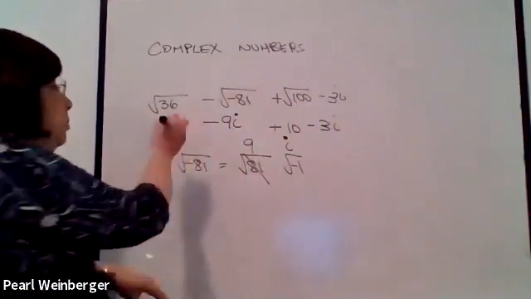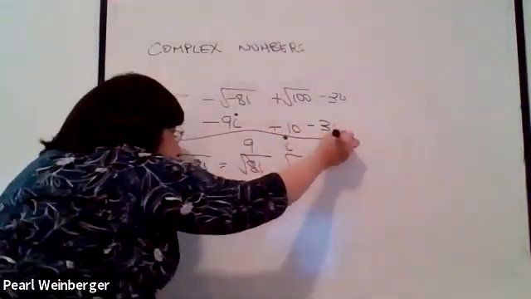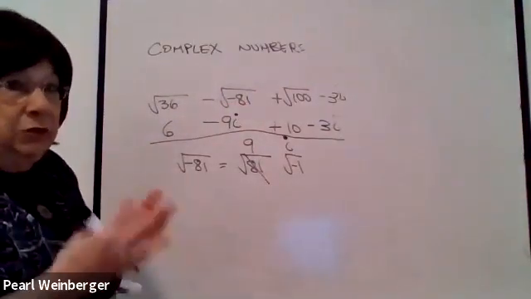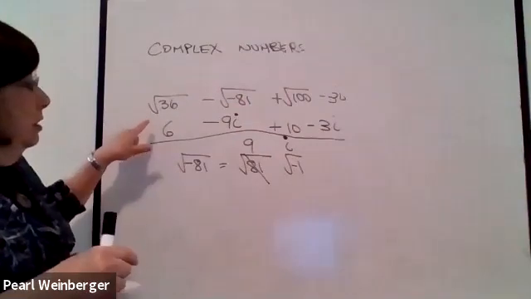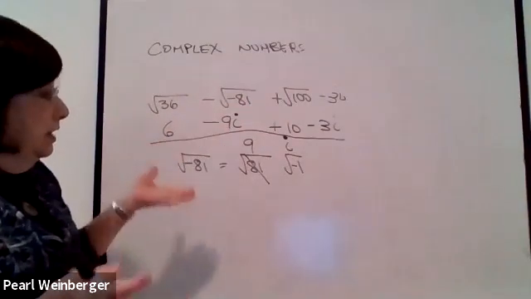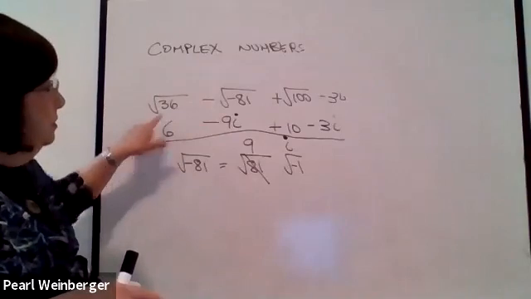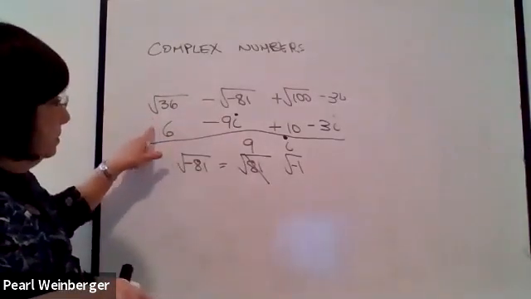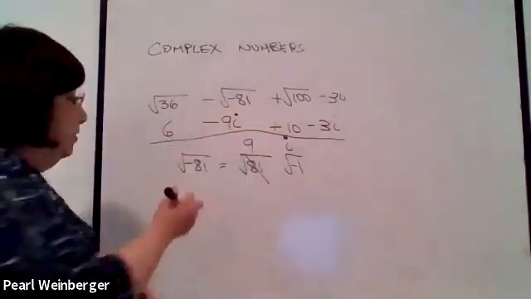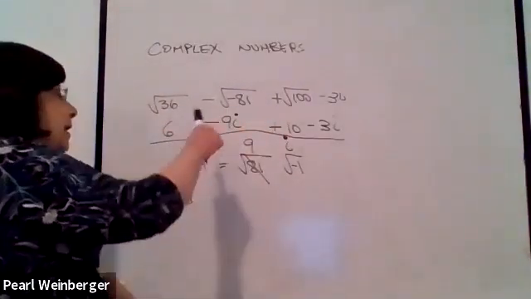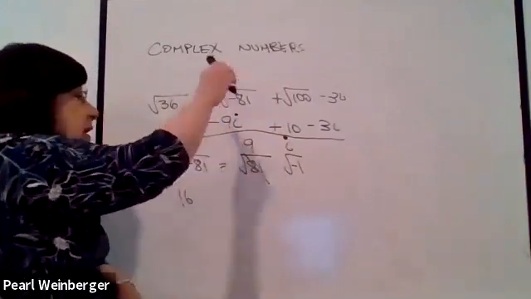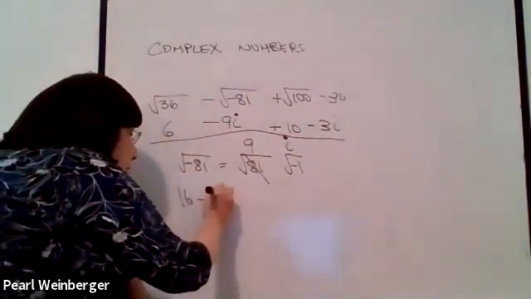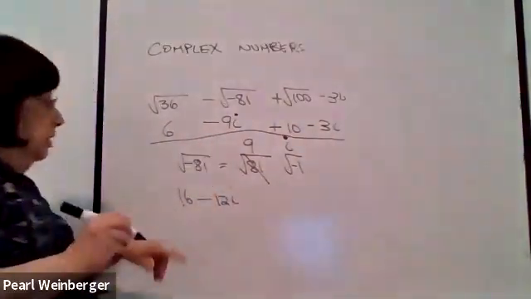Now, if I look at what I have over here, I want to combine all the like terms. And it works just like it does with regular numbers. This i is like an x. I can't add the 6 and the negative 9i. They're not like terms. But I can add the 6 with a 10. That'll give me 16. And I can add the negative 9i and the negative 3i. That becomes negative 12i.